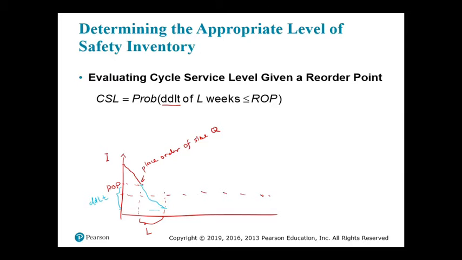If, on the contrary, demand during lead time becomes larger than the reorder point, then I do run out of inventory. So the probability of no stockout is the probability of demand during lead time being less than or equal to the reorder point.